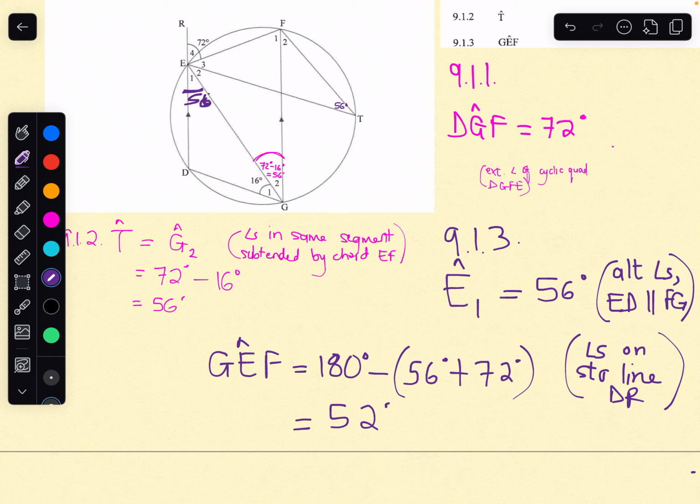I'm just trying to figure out something they said here. Their first approach was using the angle sum of a triangle, and I'm not sure how, so I'm just going to follow along with the solution. This is for GEF. Their solution says F1 is equal to E4, oh, alternate angles.